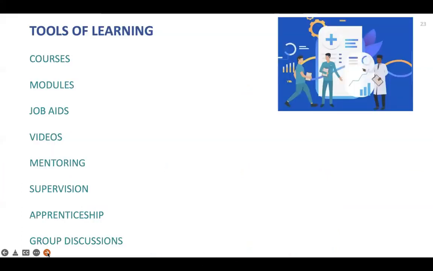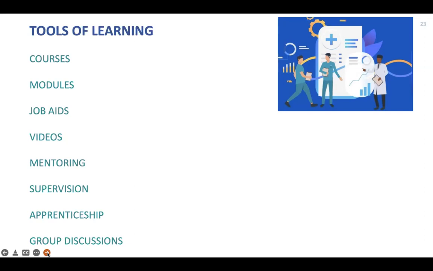Next. So what are our tools of learning? Well, of course, there are courses. And then we have modules of various sorts, clinical, technical. Courses may include modules. It can be used separately. Job aids, which may be on the wall or attached to a piece of equipment. Videos are really useful, and they have to be very carefully produced so that they really do reflect what needs to be done.